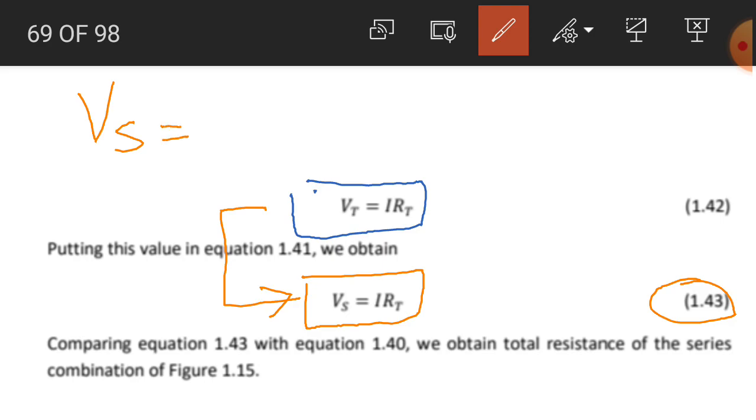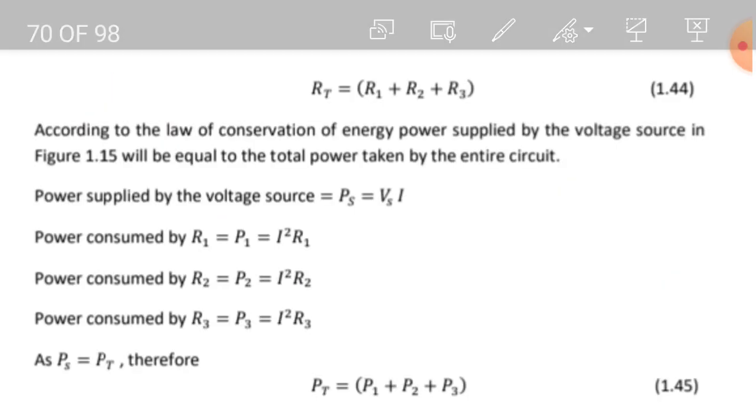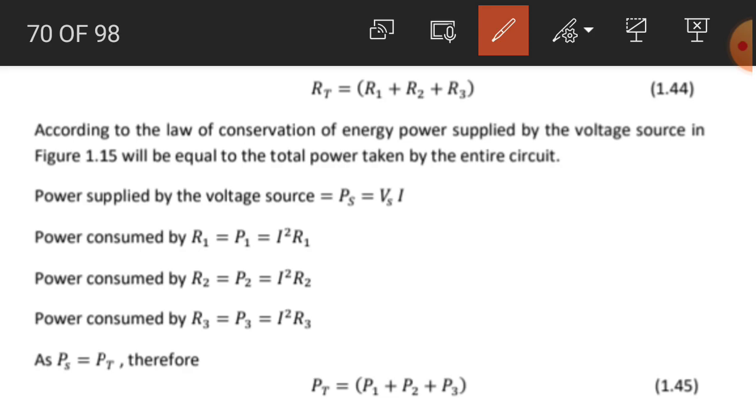We know that Vs will be equal to I into R1 plus R2 plus R3. We compare this equation with equation number 43. If we compare these two equations, the total resistance of the series combination will be equal to R1 plus R2 plus R3. So this will be the total resistance of the series combination.